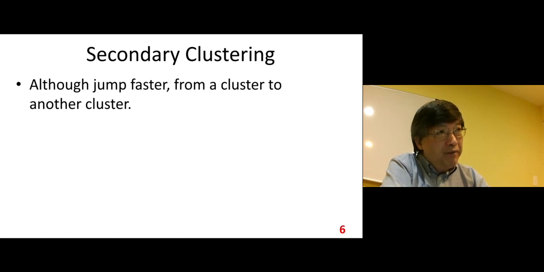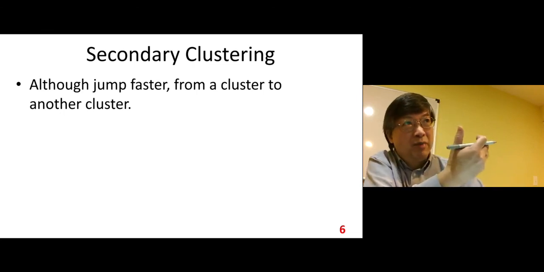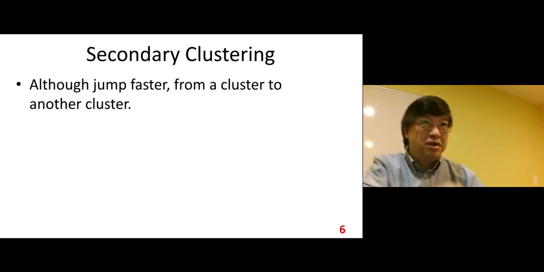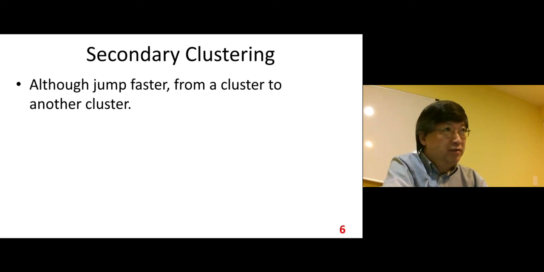Although we can jump faster from one cluster to another cluster, you get out of one cluster, but you fall into another cluster. So you still need to look for other places.